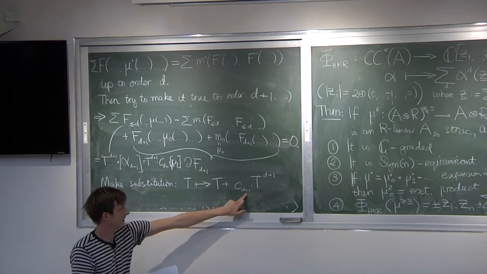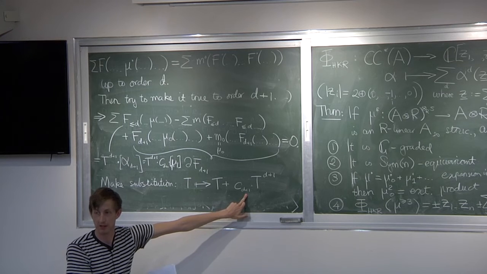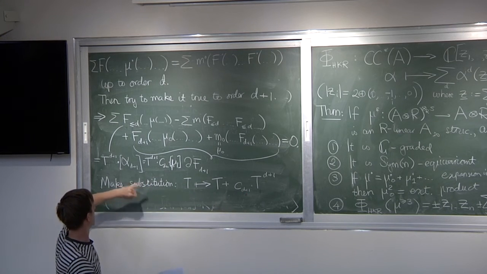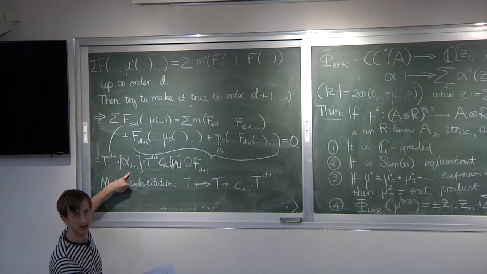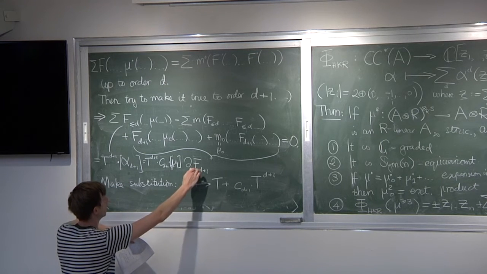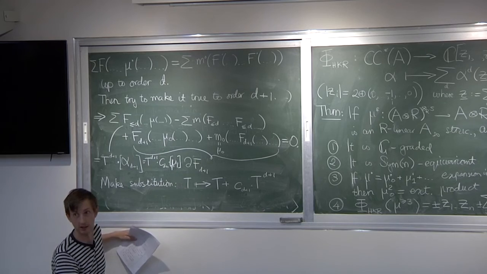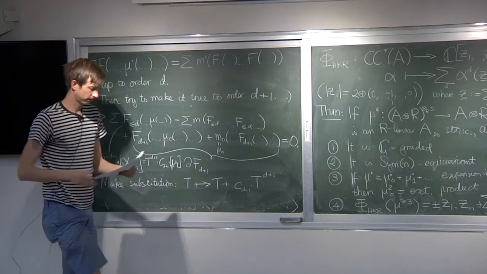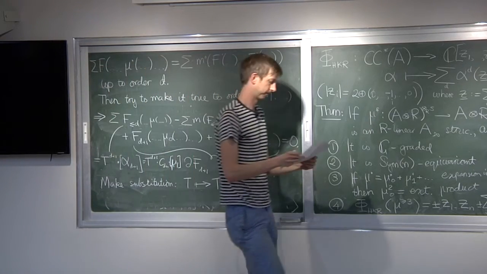So by making this substitution in the coefficient ring, we can make this guy exact in Hochschild cohomology. And then we can choose our F D plus 1 to kill it. Okay.